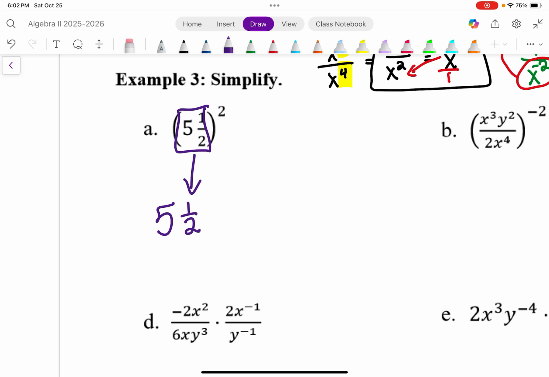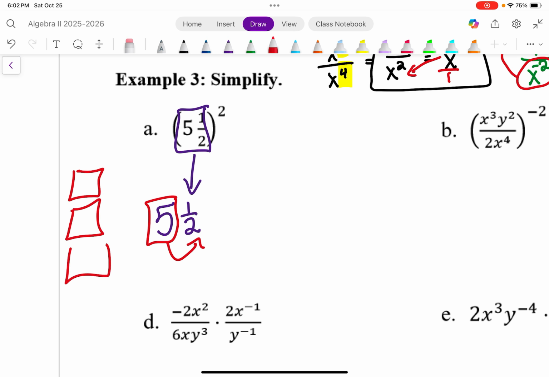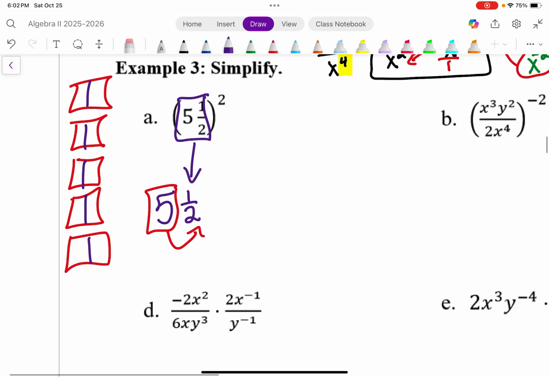When you have an improper fraction, what we're going to do is take the whole number and multiply it by the base. Basically, we're taking the 5 wholes and splitting them into halves. So instead of 5, we would have 10 halves. And then we also had that 1/2 from the other part.